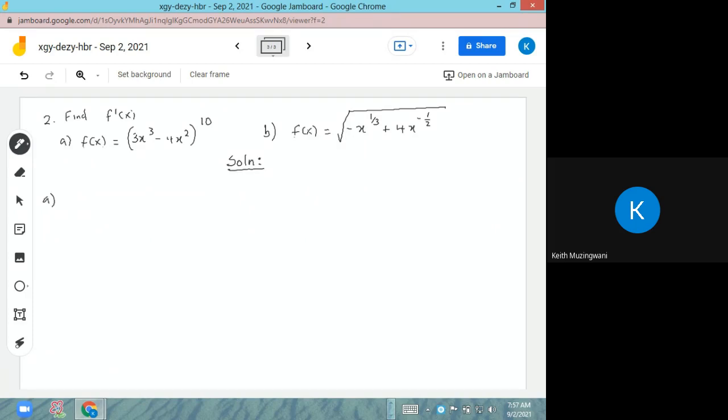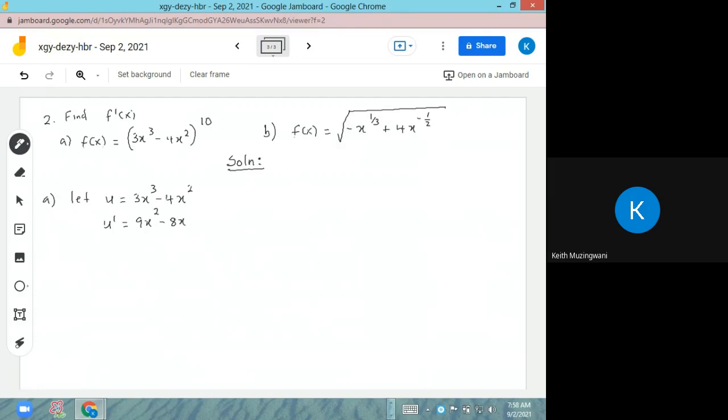For A, f prime of x is going to be, or we can do it slowly, we let u be 3x to the power 3 minus 4x squared. And then differentiate u, we'll get 9x squared minus 8x.